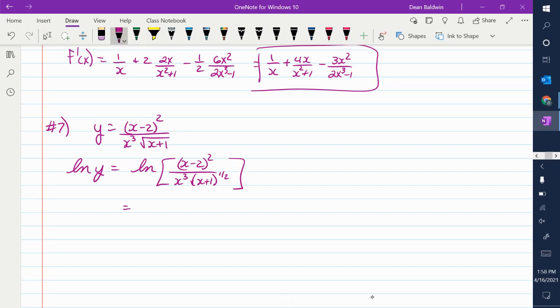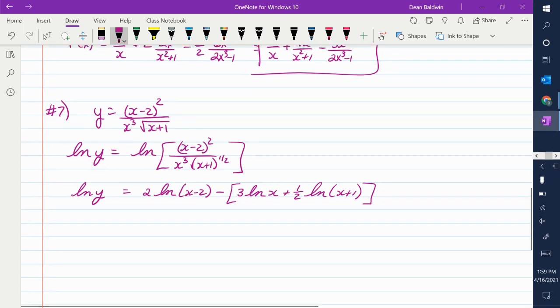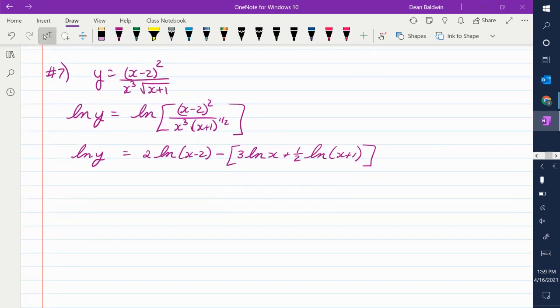The top is going to become 2, minus all of the bottom. Once you do this enough, you'll be able to do it in one step. Does everybody understand how I got that?